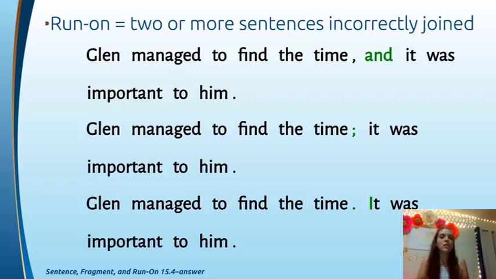So subordination is where you take one of the 2 phrases and make it less important by putting one of those phrase words in it. For example, although, when, if, the words that you just saw for the fragment things, and also because. Because it was important to him, comma, Glenn managed to find the time. So let's keep looking at that.